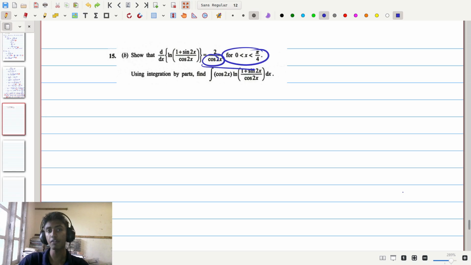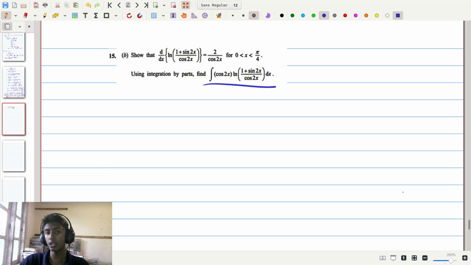Now moving on, it then says, using integration by parts, find the integral of cosine of 2x times the natural logarithm of (1 plus sine 2x) divided by cosine of 2x with respect to x. You can see the natural logarithm of (1 plus sine 2x) over cosine 2x is exactly what we have up here, meaning there's some relation and we need to use the result obtained here in here.